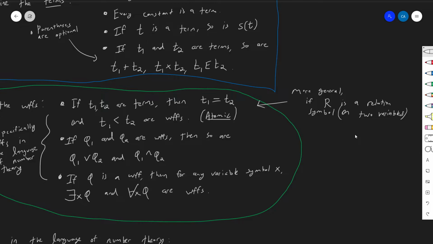But if R is a relation symbol, then T1 R T2 is a WIF. I'm just always allowed to do this when I have a relation symbol: I can take the appropriate number of terms and arrange them in the appropriate way, and I'll have a WIF. And these particular ones that you make directly out of the relation symbol and some number of terms are called the atomic relations.